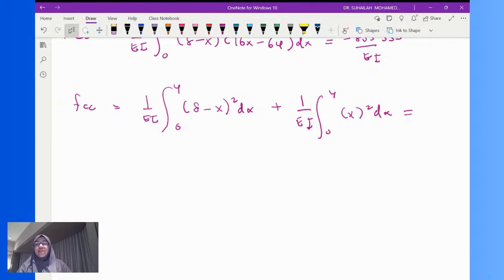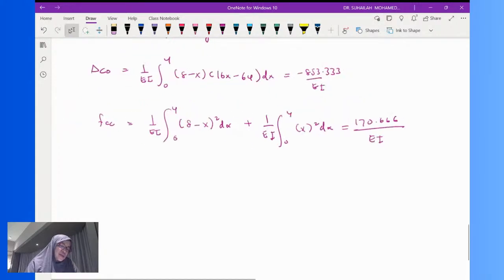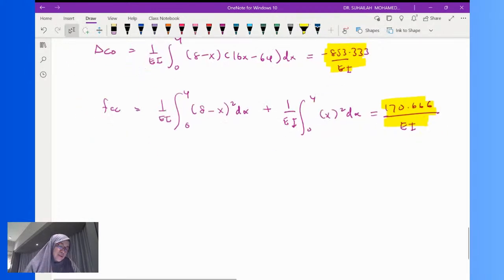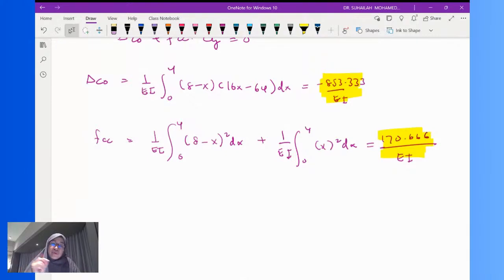Okay, 170.666 over EI. So these are the two values that we want: the displacement at position C in the primary beam and the displacement at position C in the redundant beam.